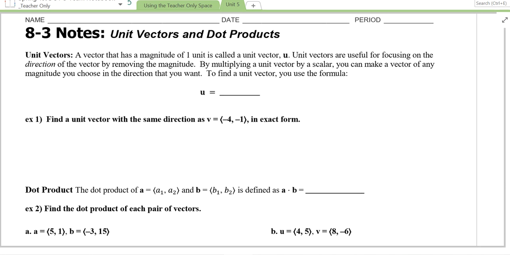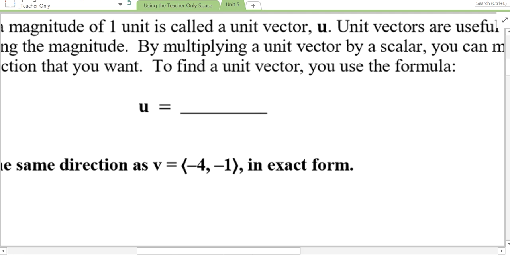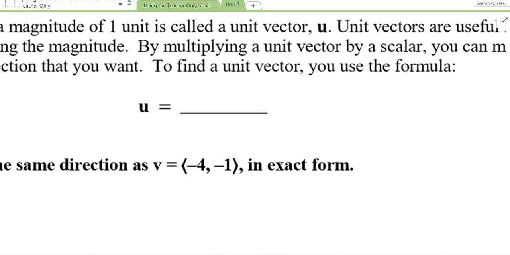And the way you find them, if we're looking for the unit vector u that is based on some vector v, then it is equal to the vector v divided by the magnitude, which makes sense because it's the same direction. It's just 1 unit long. So if we take the vector and divide it by its magnitude, then you should get the unit vector.